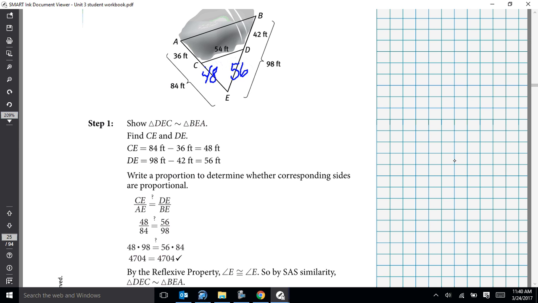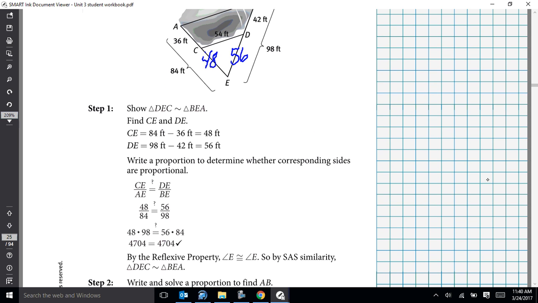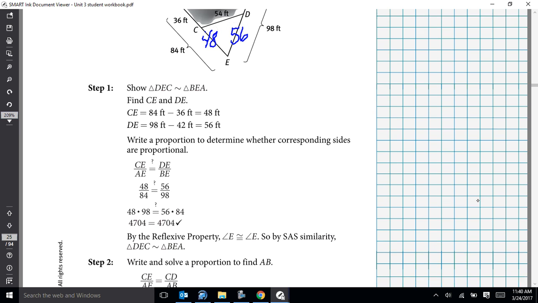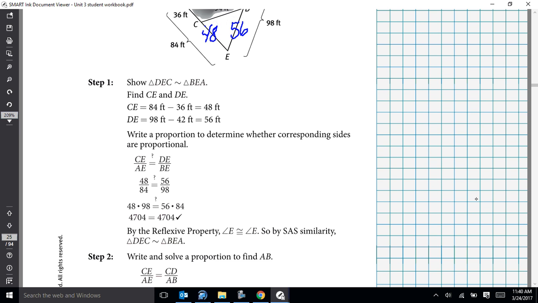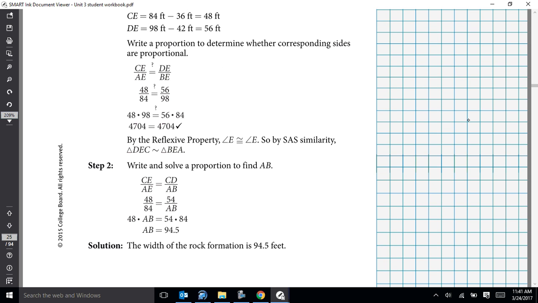So let's do these. When we multiply this out, it multiplies out so that 4,704 equals 4,704. So are these two triangles similar? Yes, they are. Also, this reflects the property of side equals side. But that's not also needing to write all the proportions by the length of AB.